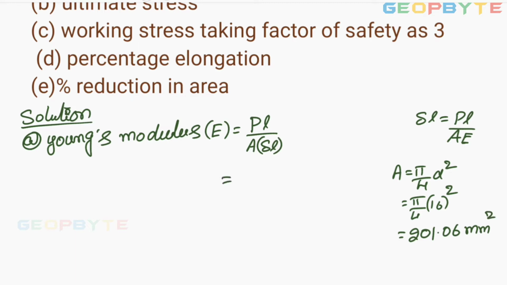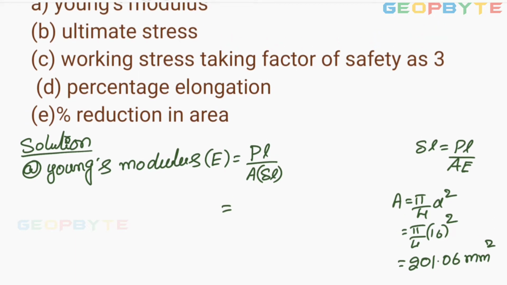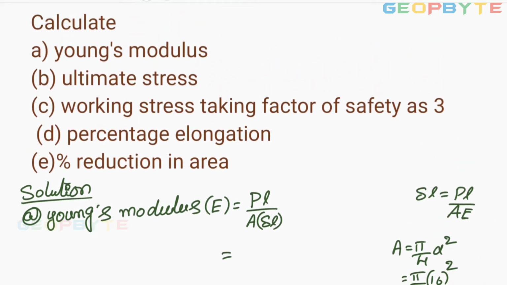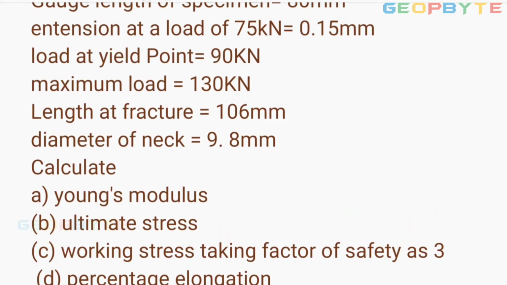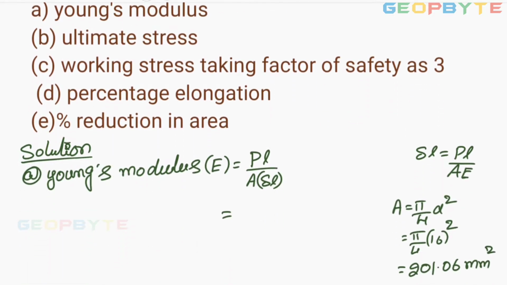Then the Young's modulus E equal to load at change in length. So 75 kilonewtons is the load causing the extension of 0.15. Therefore, that is the load causing the change in length. 75 into 10 raised to 3 into length.